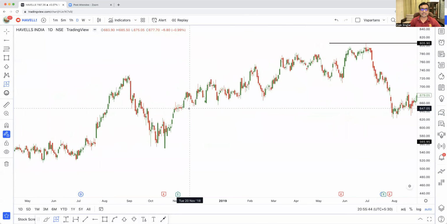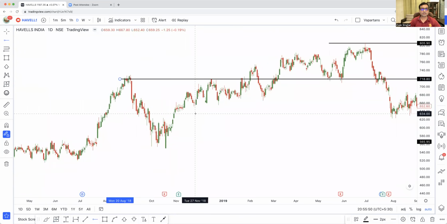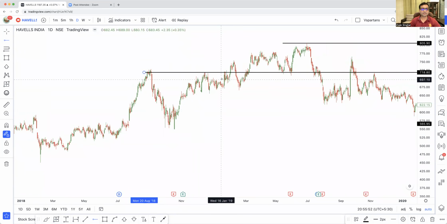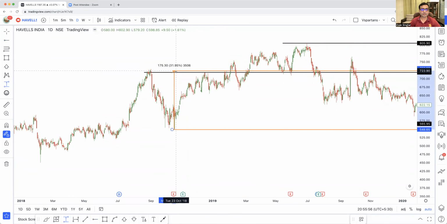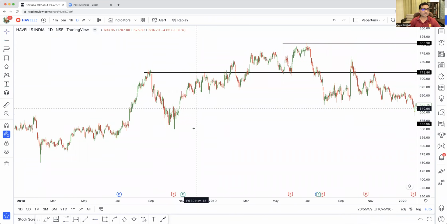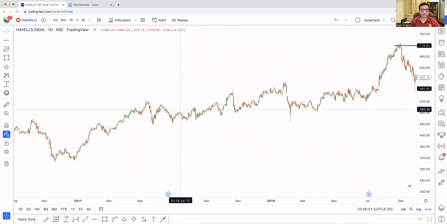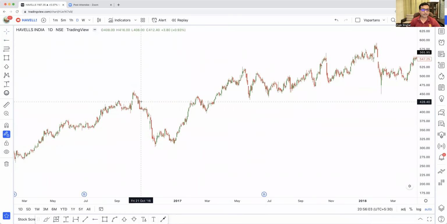So, for example, in the past as well, there was this chart pattern. This was a cup with handle pattern. We will talk about it later. Reverse head and shoulder pattern, if we can find one.